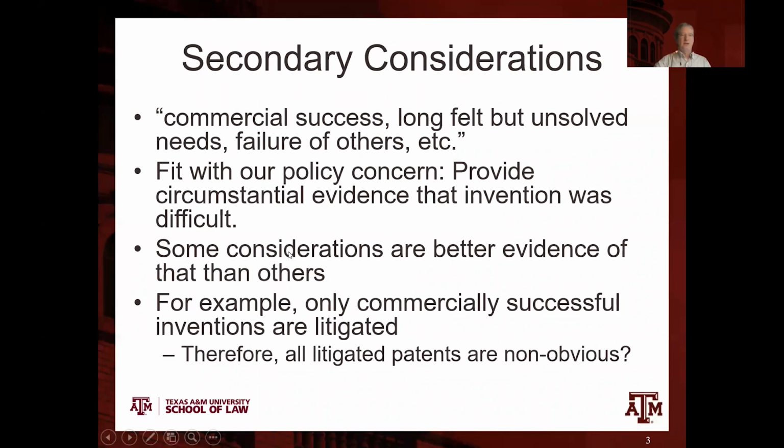Now, some of these secondary considerations provide a better evidentiary basis for inferring that we need a patent here than others. Commercial success on its own, for example, is probably the weakest of the secondary considerations in terms of showing that we need a patent here to bring this forth.